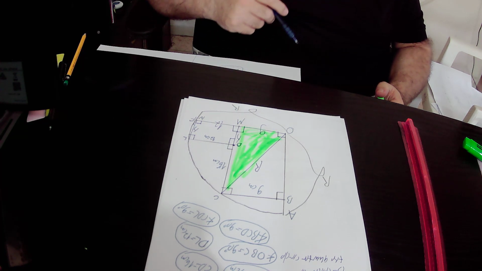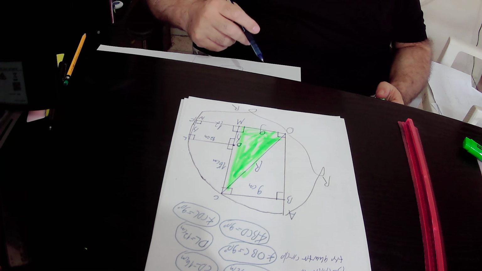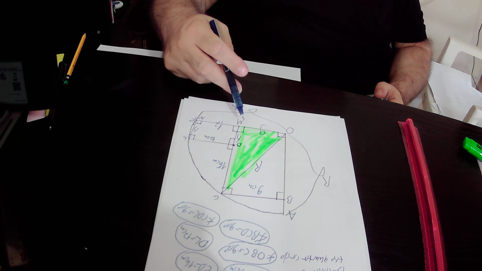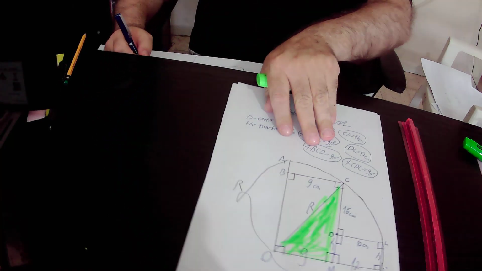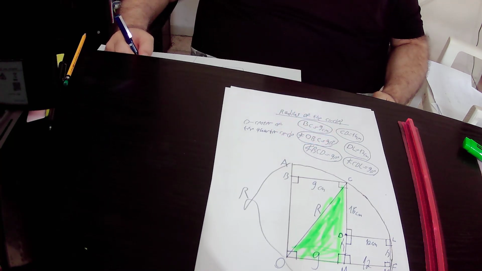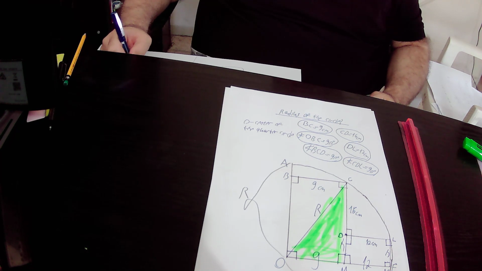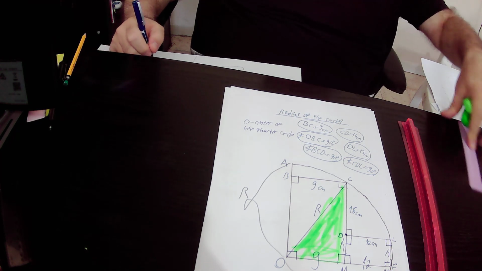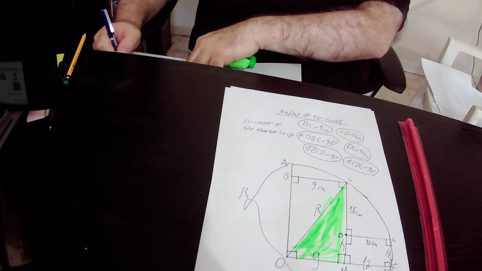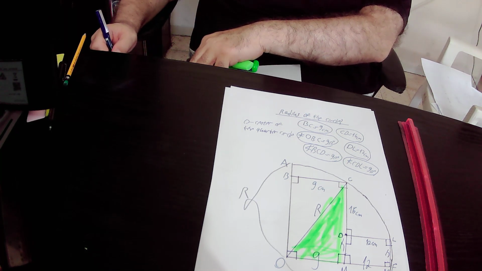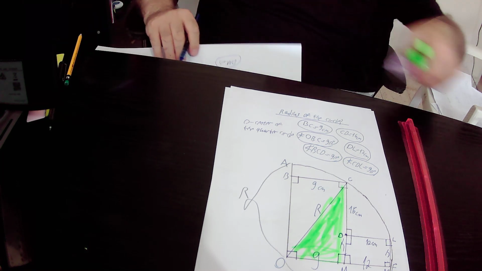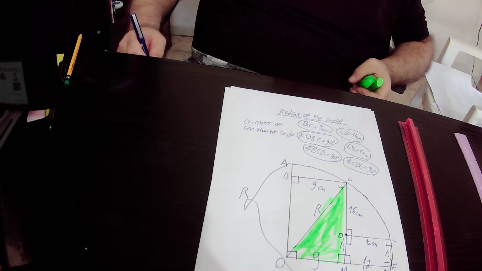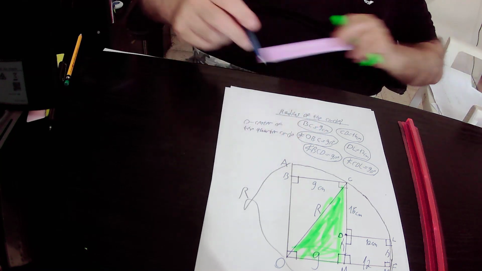Now we will implement the Pythagoras theorem on the right green triangle OMC. So here I write down PT, an abbreviation for Pythagoras theorem. According to the Pythagoras theorem, the square of the hypotenuse equals the sum of the squares of the perpendiculars. So the hypotenuse is OC, therefore the square of the hypotenuse is OC squared.